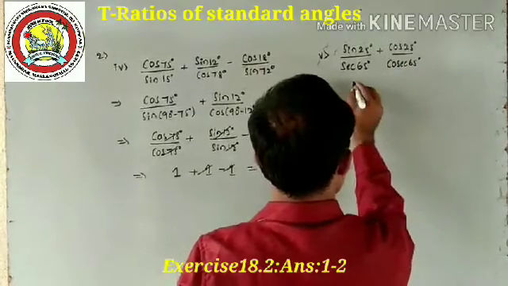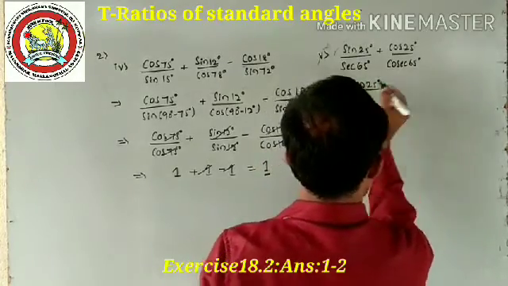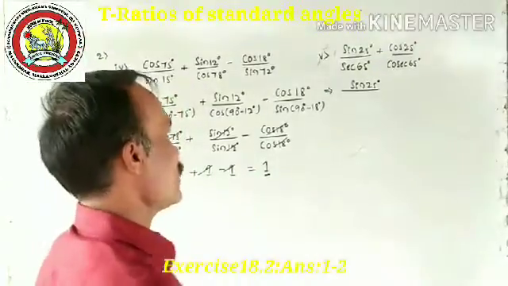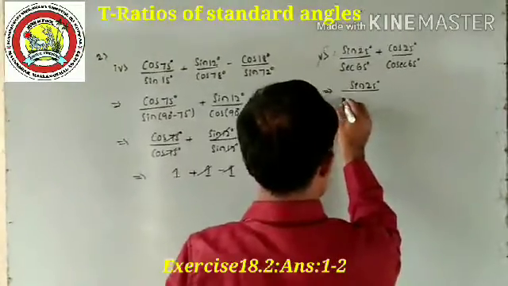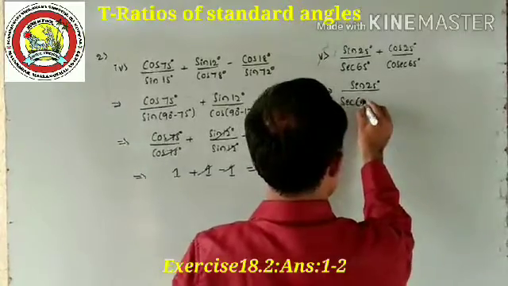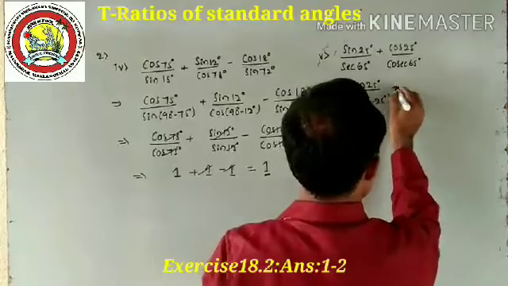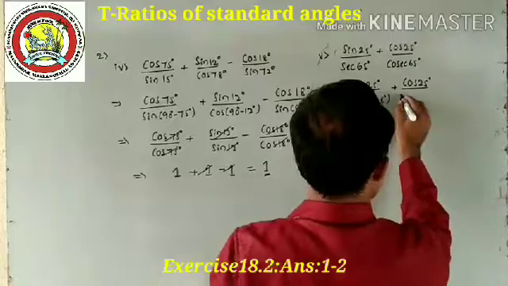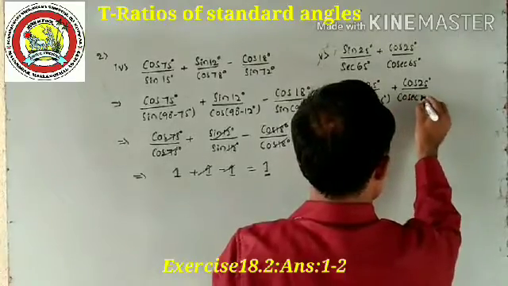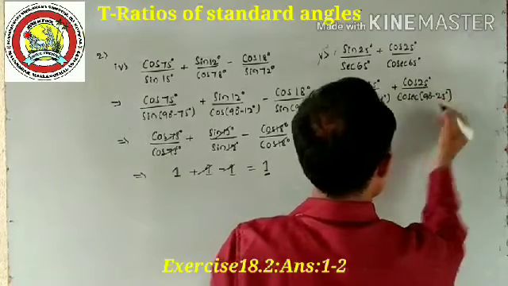Thus this implies sine 25 degrees as it is divided by secant 65, secant changes to cosecant, as secant 65 can be written as secant (90 degree minus 25 degrees), plus here also cos 25 degrees as it is, divided by cosecant (90 minus 25 degrees).